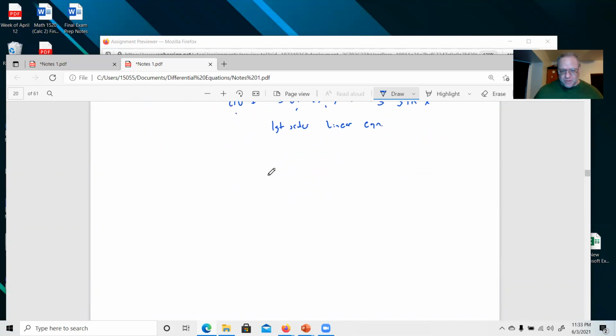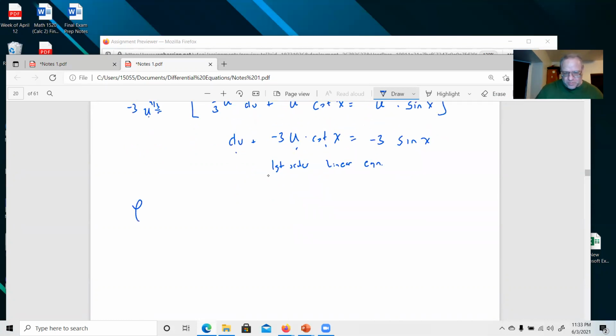And now we have the delightful task of getting an integrating factor. So rho is equal to e to the integral of negative 3 cosine x over sine x, that's what cotangent is. At this point, set v equal to sine x, and dv equal to cosine x. So rho is e to the negative 3 times the integral of 1 over v dv, which is e to the negative 3 natural log of v.